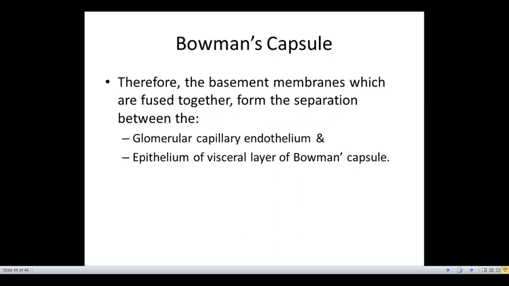Therefore, the basement membranes, which are fused together, form the separation between the glomerular capillary endothelium and the epithelium of the visceral layer of Bowman's capsule.